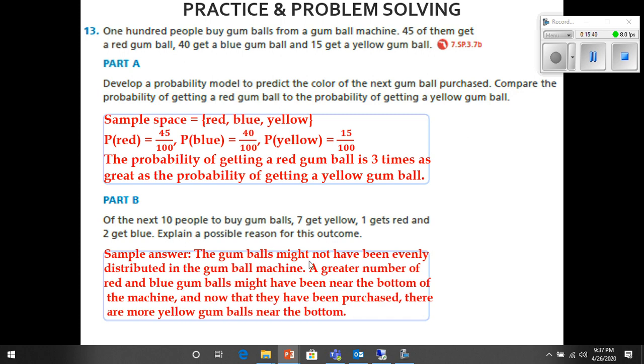The gumballs might not have been evenly distributed in the gumball machine. A great number of red and blue gumballs might have been near the bottom of the machine, and now that they have been purchased, there are more yellow gumballs near the bottom, right? So that's one possible answer.